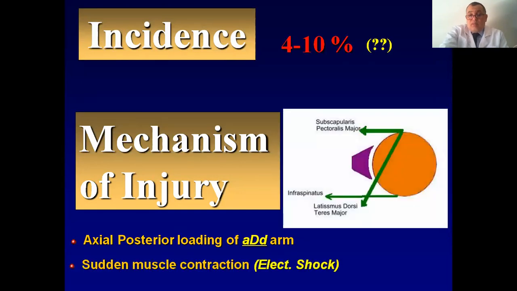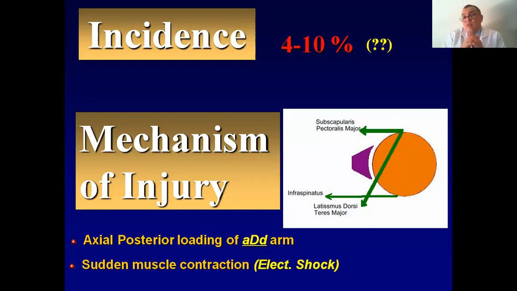The other very common injury is electric shock, with sudden muscle contraction. The infraspinatus is contracting while the subscapularis, pectoralis major, latissimus dorsi, and teres are also contracting due to the electric shock. The infraspinatus tends to externally rotate the head, while the subscapularis and pectoralis major are internally rotating the head, and the latissimus dorsi and teres are pulling the head backwards.